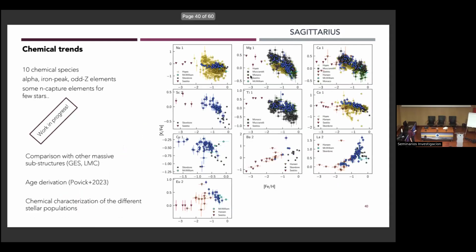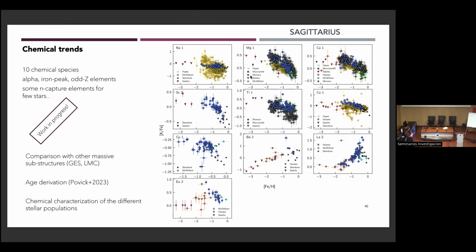And then I'm starting to measure different chemical species. The blue are always my points, and here, apart from the yellow points, the others are all high resolution measurements that are available in the literature.